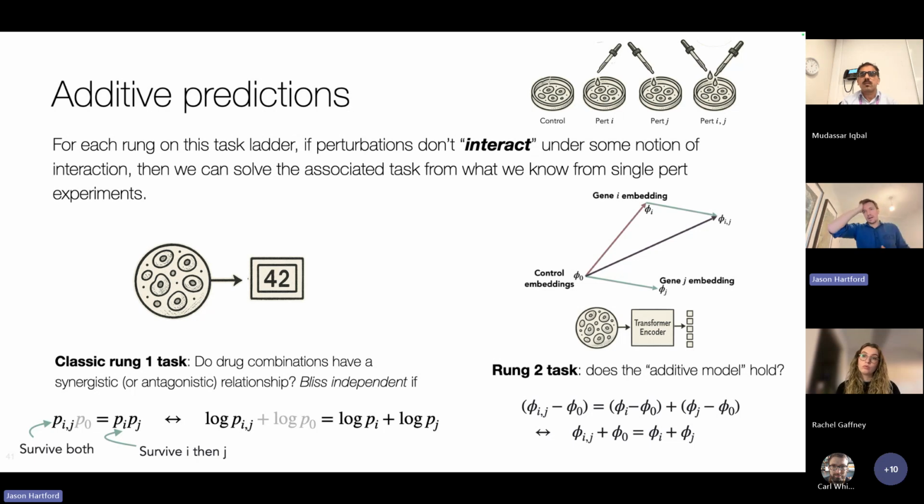Next rung up on the hierarchy is where I have some specific embedding function. In the simplest case, this is just the identity. So if I'm working with single cell expression data, an example of an embedding function would be pseudo bulk, which is where I just take the average expression or the sum of the counts. And then in this case, non-interaction that we can define is when the so-called additive model holds. Now, what is the additive model?